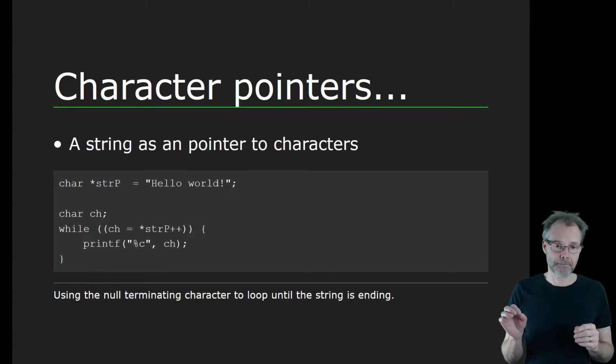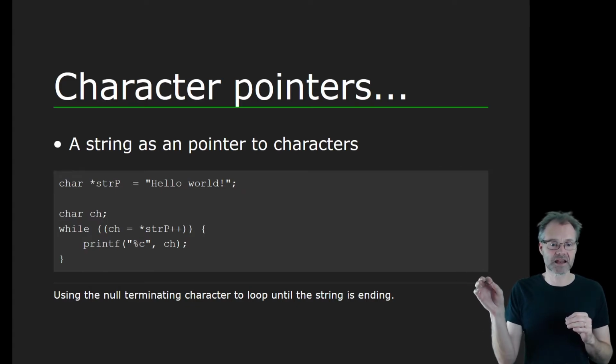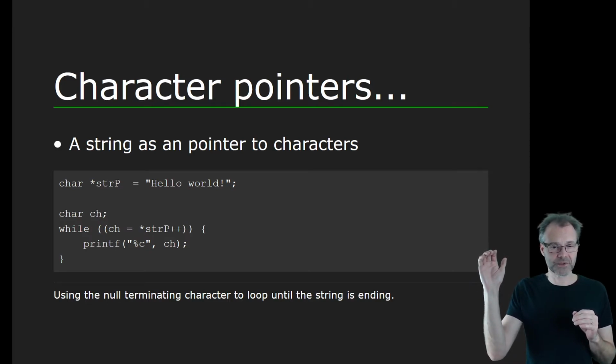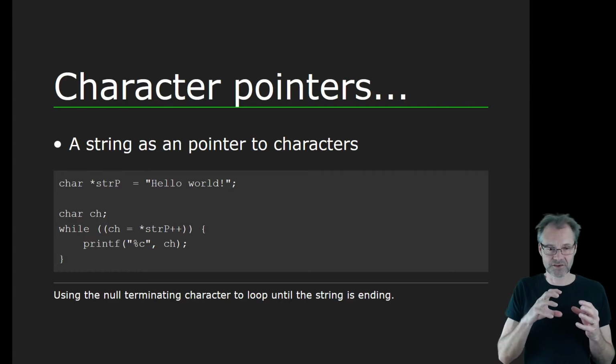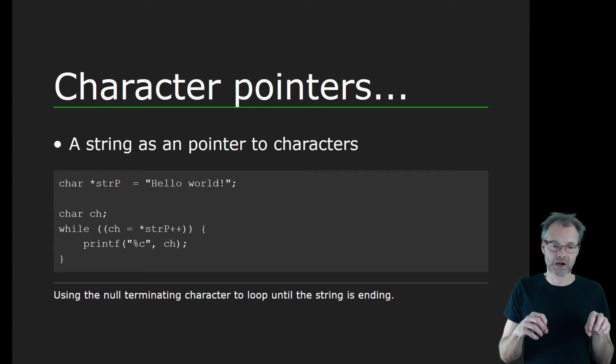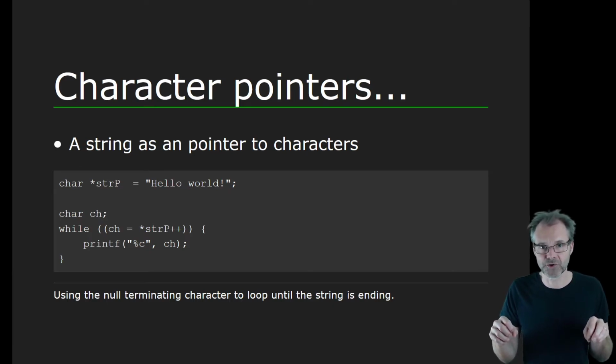And this is basically the same, I'm just doing it in another way here. So I'm having my char pointer instead, and I'm doing it in a while loop here. I'm also declaring a character, and I'm going to print that character out in the loop. And I have this expression up there that assigns the content of the string pointer to the variable ch, and then I'm incrementing the string pointer.